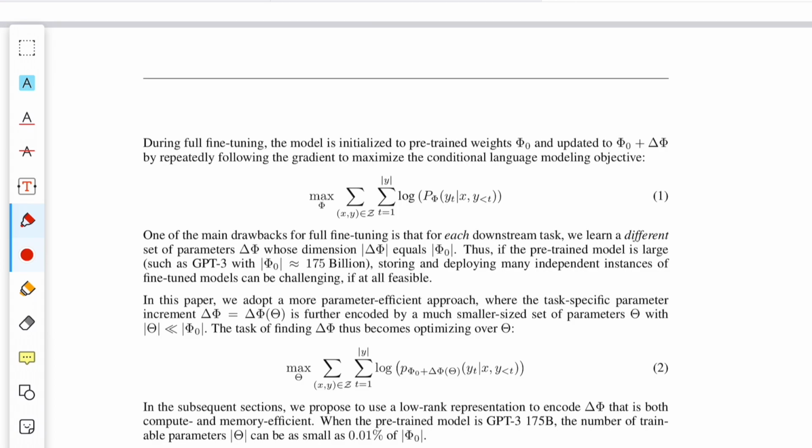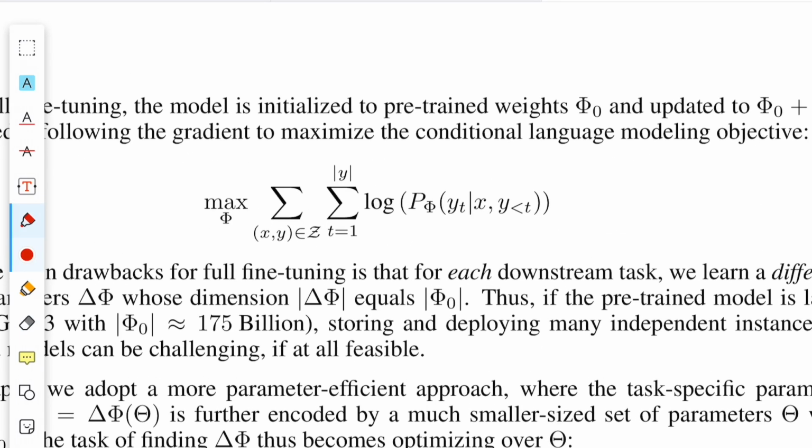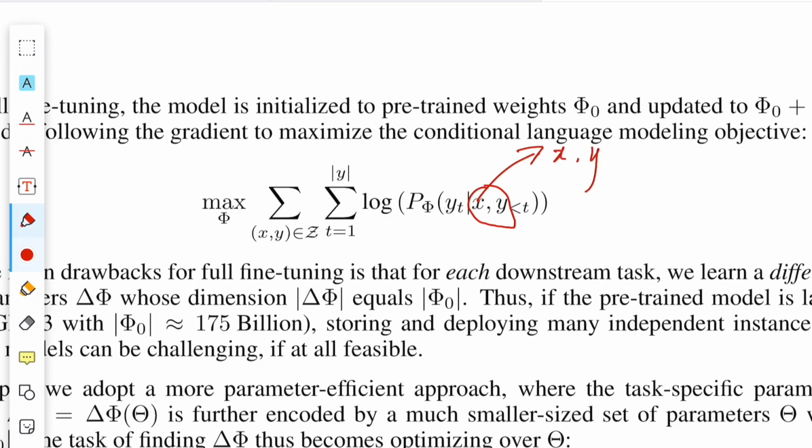From the beginning we can see there's a max. So we want to maximize the value computed by the formula. Where's our data? As you can see, x and y are our data. The x is the data and the y is the label.